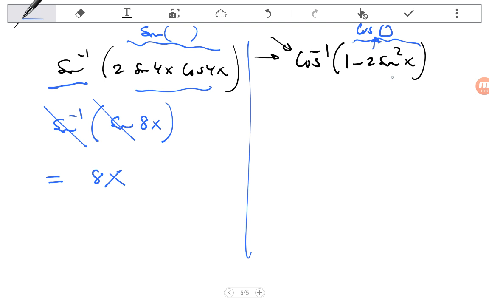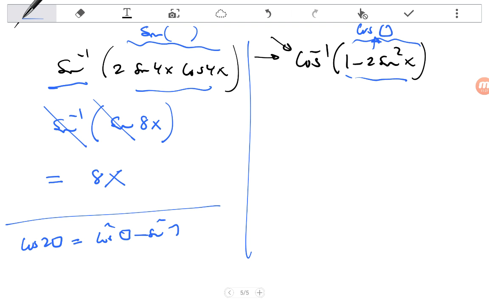Yes. How? We know that this is exactly cosine double the angle. We have 3 expressions for cosine double the angle. What is cosine double the angle? It is cosine squared angle minus sine squared angle. Also we have 2 cosine squared angle minus 1. Also we have 1 minus 2 sine squared angle.